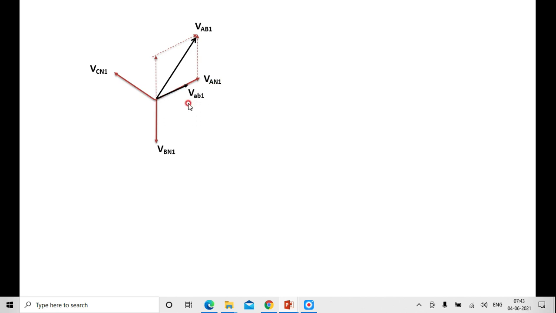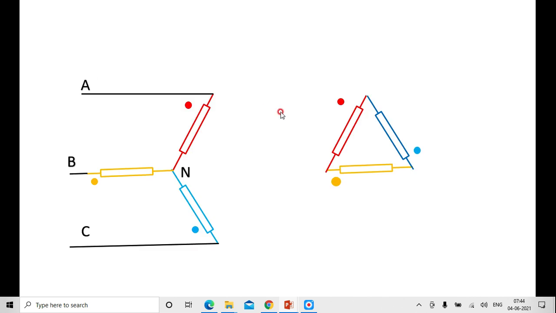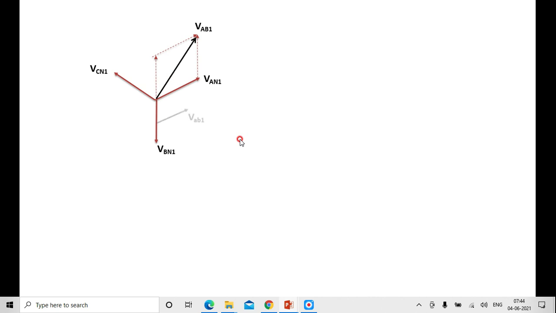Small VAB1 is the line to line voltage of the delta connection. You can see once again, the voltage VAB1 is in phase with VAN1.